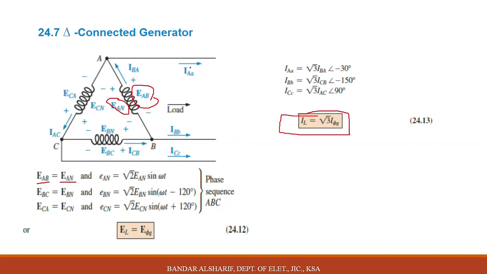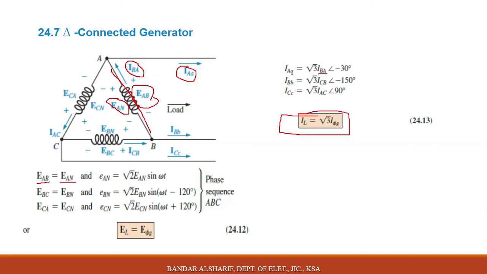You can see here this line value IA capital A small, you need to multiply the phase value by root 3. This is the phase value for the current, the phase value, which is the current going through the winding.